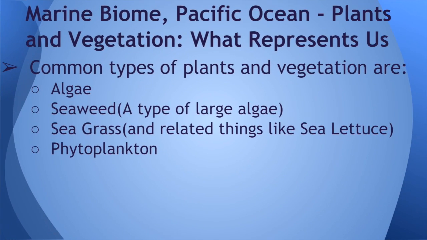The main plants and vegetation that people think of, and the most common types, are algae, which is that green stuff you see floating at the top of the water, as well as many other types, such as seaweed, which is a type of large algae, and seagrass, which lies on the seafloor, and it is very closely related to things like sea lettuce and other things, but not exactly the same. And then there is phytoplankton, which makes up the majority of it.